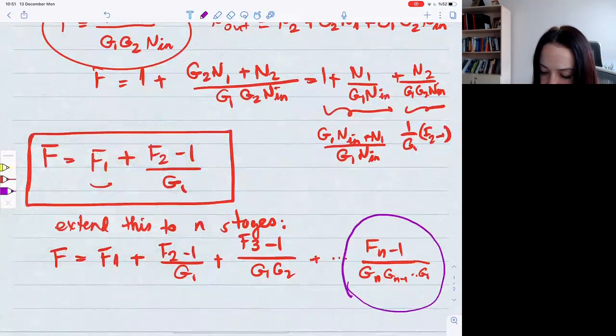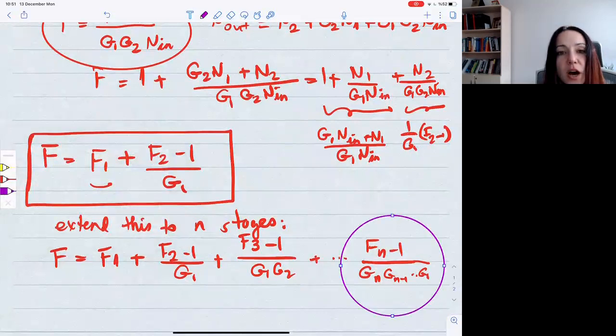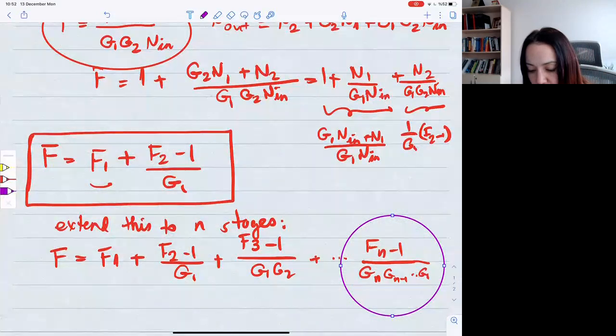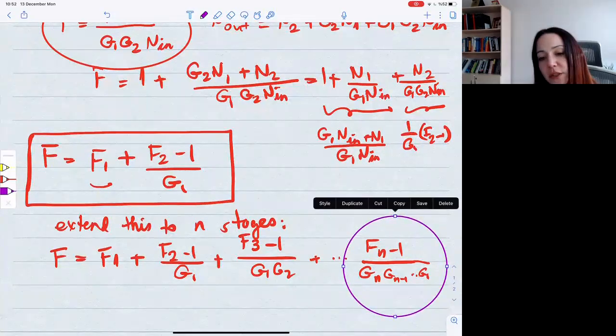Notice that amplifiers that come in later stages are less important in terms of the added noise, because the contribution of the noise to the noise figure is reduced by the gains of the previous stages.